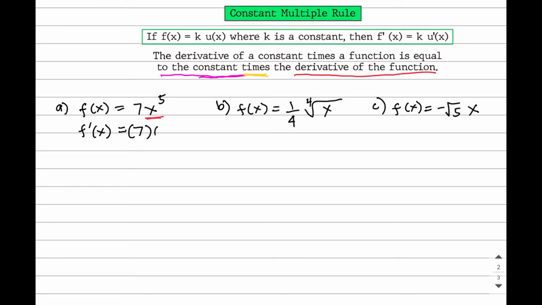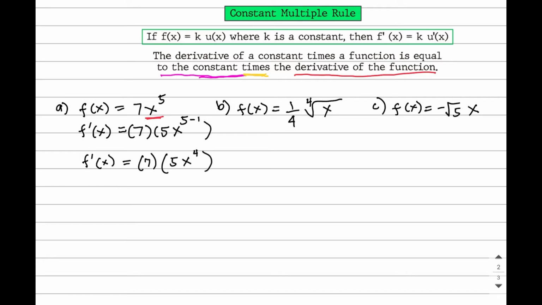Sabi sa power rule, the power, which is 5, times the base, raised to the power, which is 5, minus 1. Okay? Simplify lang natin. So, this becomes 7 times 5x. 5 minus 1 is 4.